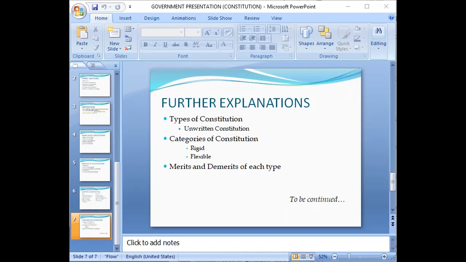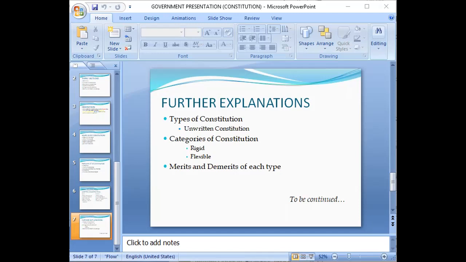Let's look at constitutions. There are quite a lot, but for the sake of our conversation, we can take about five, six, seven. So a written constitution is properly documented, unwritten is not. That is, it is not documented at all or not in a single document.